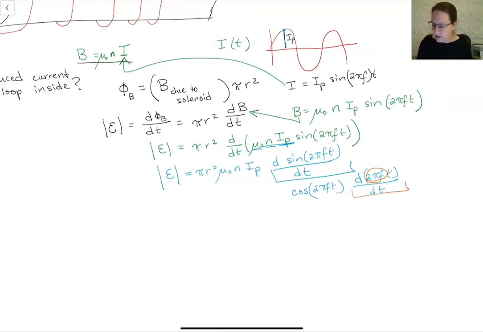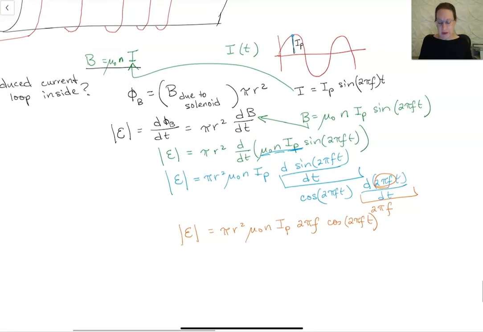So this altogether just gives me a 2 pi times the frequency. So putting all of those back together, this becomes pi r squared mu naught n I peak times 2 pi times the frequency cosine of 2 pi f t. And so that is my voltage, my EMF.